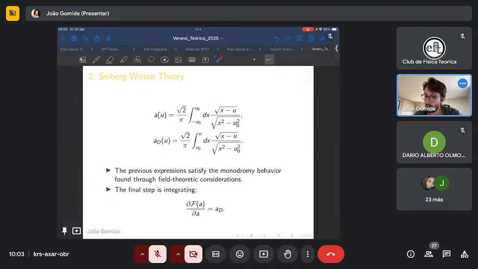We can check explicitly that A and AD given by these expressions satisfy all the relations that we had previously derived from field theory. And now that we have a formula for them, and we know that the dual A is expressed in terms of the derivative of the prepotential, we just integrate this and we find the prepotential.